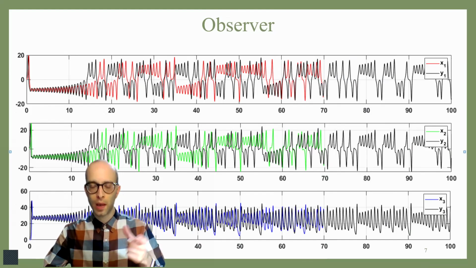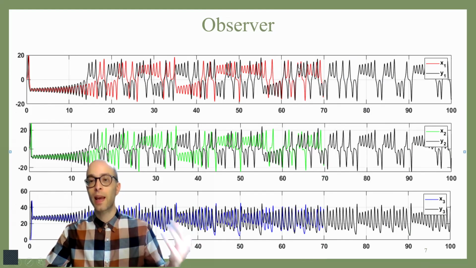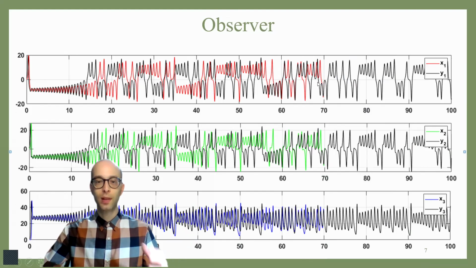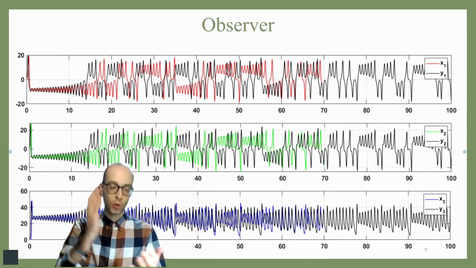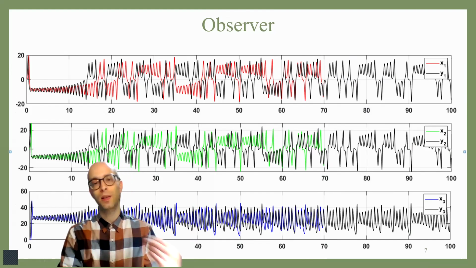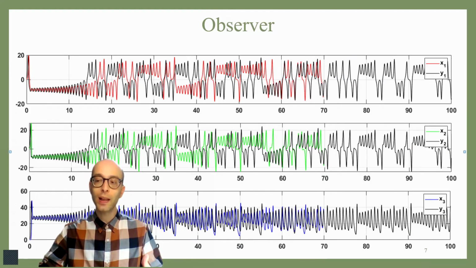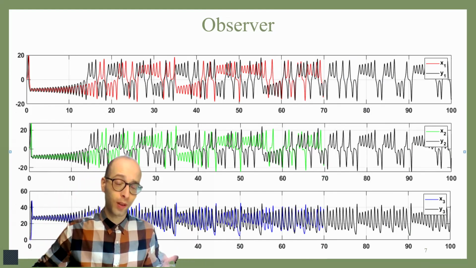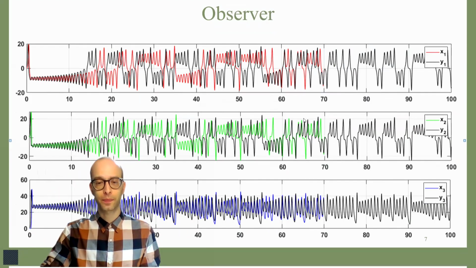Immediately after just 1 or 2 seconds, the black curve, which is the estimation, falls right on the original state, which tells us that after 70 seconds, when I switch on the observer, it actually manages to estimate the internal states of the system. So that's what ideally an observer should do, if of course designed correctly.